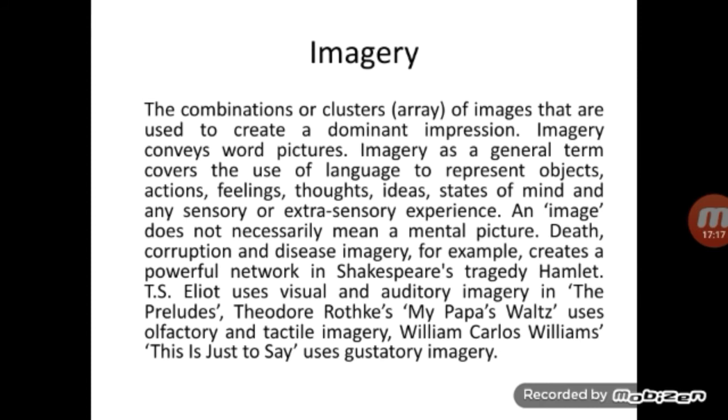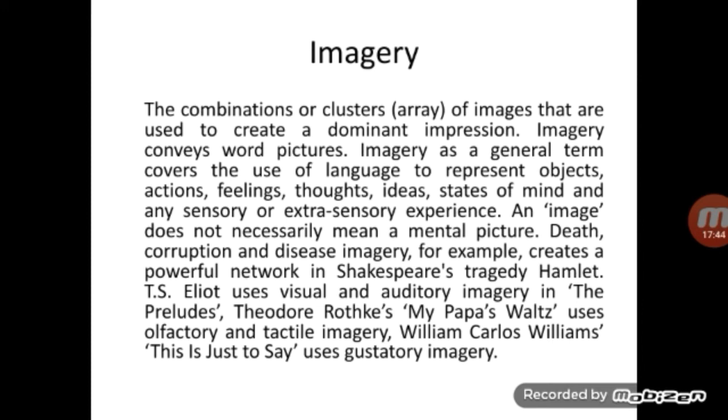Let's talk about imagery. The combination, or cluster, or we can say array of images that are used to create a dominant impression in the mind of the reader, they are imagery.